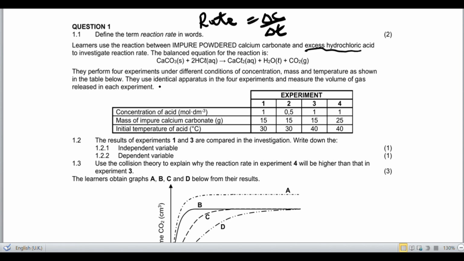They use identical apparatus in the 4 experiments and measure the volume of gas. So they measure the volume of a gas that is released in each experiment, which means they use a syringe to measure the volume of a gas. Also the stopwatch can be used here.